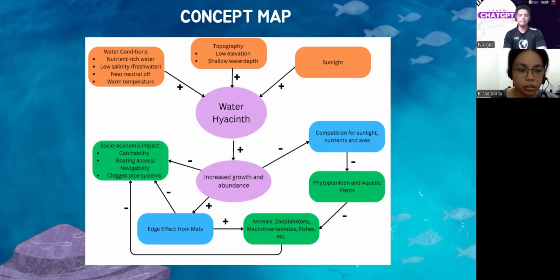All right. To better understand the ecological relationship that water hyacinths have with both biotic and abiotic factors, we dumb it down to a concept map. As you can see here, the water hyacinth increases in growth and abundance through favorable conditions like extreme sunlight exposure, low elevation, nutrient-rich waters, low salinity, and warm temperatures.